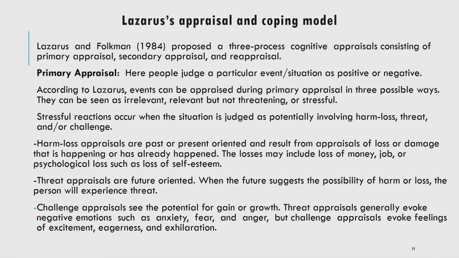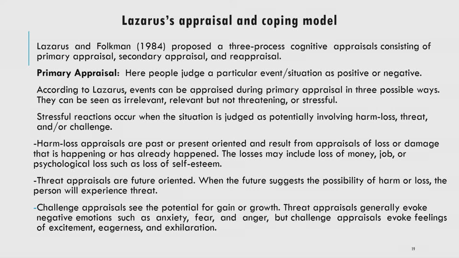Harm and loss are appraisals primarily related to past and present experience, when you see some kind of loss or damage that is happening or has already happened because of an event. It could be loss of money or job, or even psychological loss such as loss of self-esteem. When harm-loss interpretation is there, stress is a natural outcome.